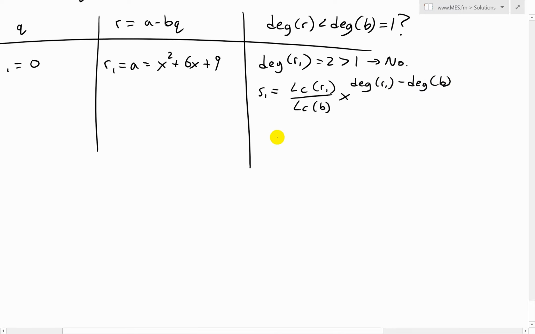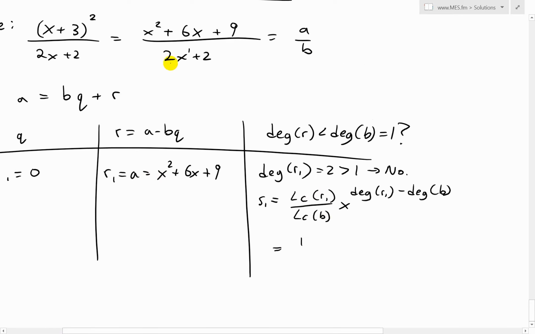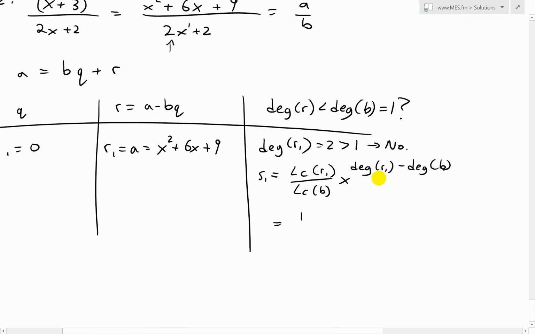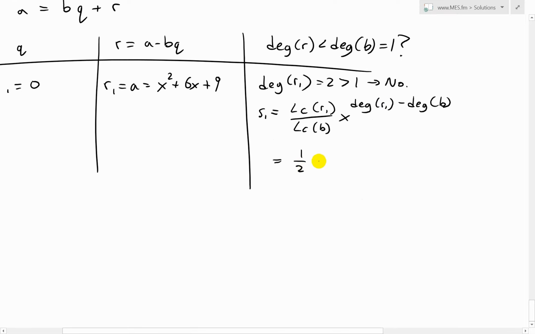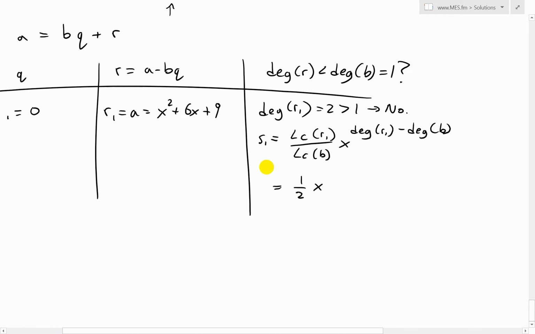And then if we write those out, LC of R1 is 1 there. The leading coefficient of B is 2. That is LC of B, that's 2. And then x, then the degree of R1 is 2, so we have 2 minus the degree of B, which is just 1, like that. This just equals 1/2 of x.